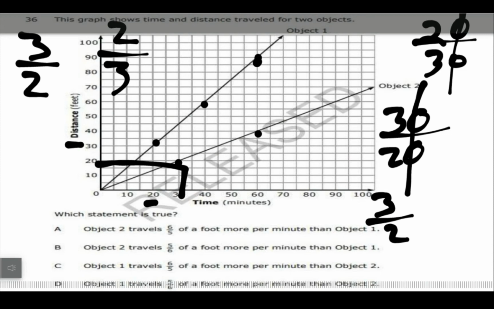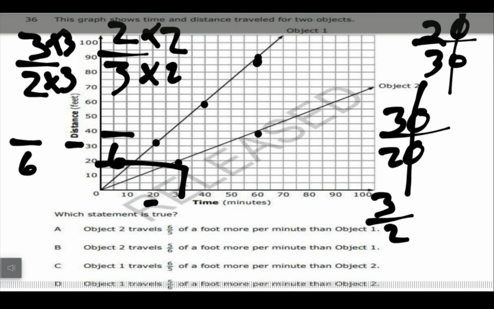If I make them out of 6, times that by 3, times that by 2, that would give me 9 out of 4, which is 5/6. So object 1 is 5/6 more.